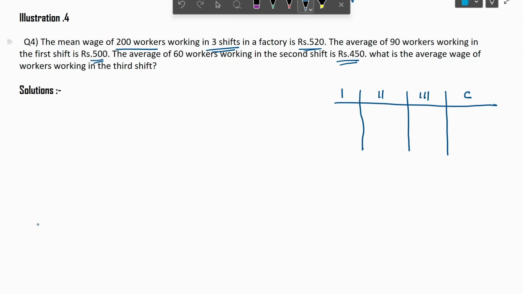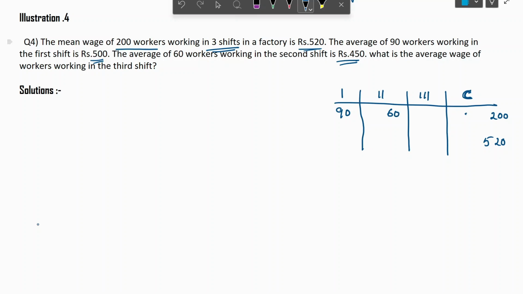First line, 200 workers working in 3 shifts in a factory, mean wage 520. That means in the combined, 3 shifts, how many people are working? 200 workers are there. Correct? And what is their mean wage? That is 520. First shift, how many workers are there? 90. And second shift? 60.